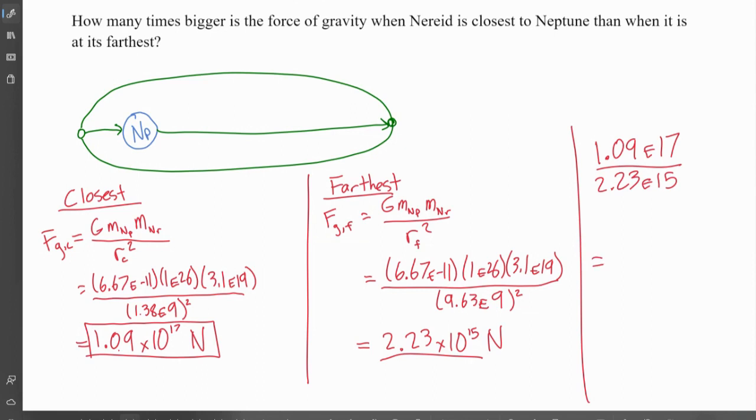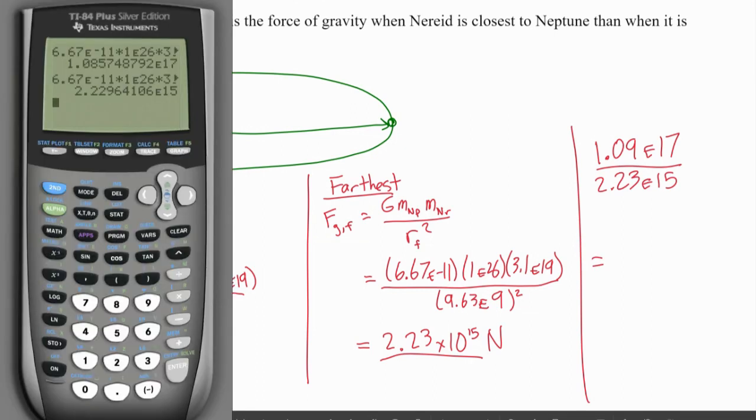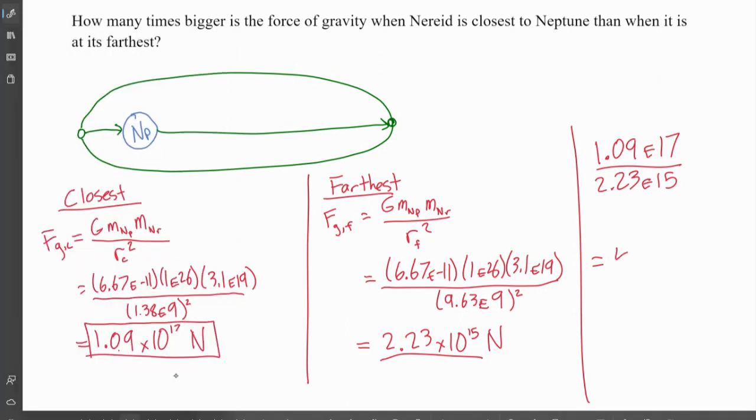That gives 48.7. 48.7 times greater. That is our answer.